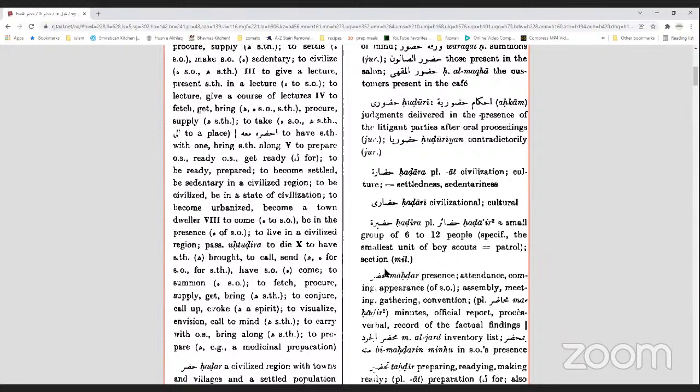This is all under the hadara root word. Mahdarun. So this is mahdar. Okay. Is it clear?